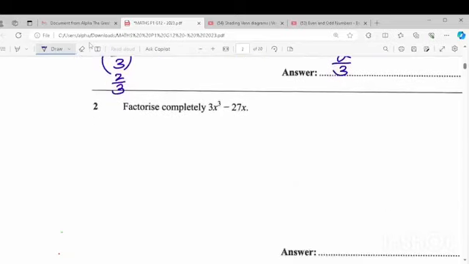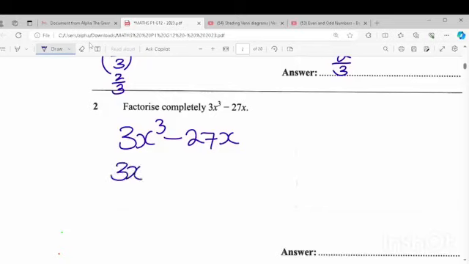Number 2, they're saying factorize completely. We have the expression 3x cubed minus 27x. First of all, what is the highest common factor, or what is common between these two terms? 3x is common.